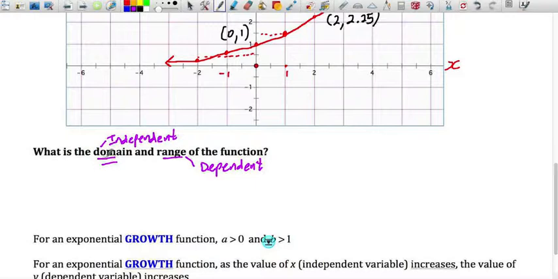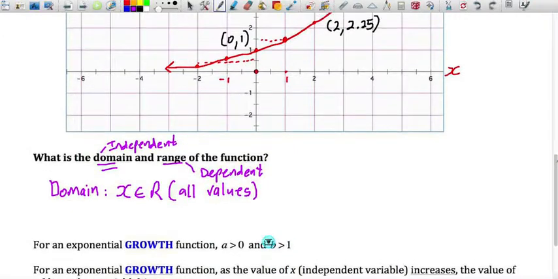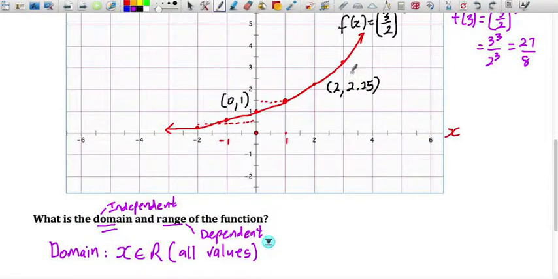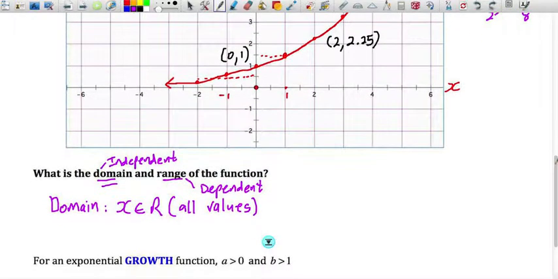So for our domain, in this case, we are talking about the x values, and x is an element of real, which really means x can be anything, any value from anywhere along the number line, and hopefully that's made clear by the arrow on either side of the function indicating that it's continuing forever in both directions.